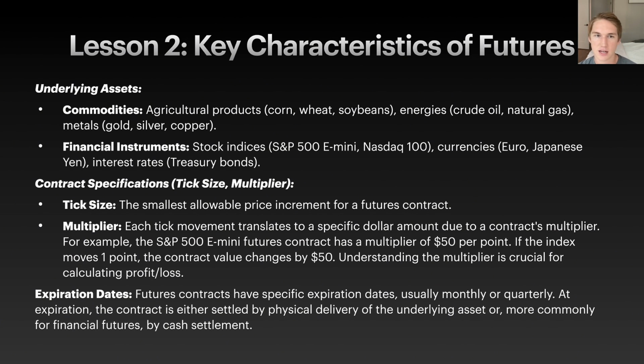Contract specifications: tick size and multiplier. Tick size is the smallest allowable price increment for a futures contract. So for example, for Apple, the smallest increment is 1 cent. So it can go from 100 to 100.01.